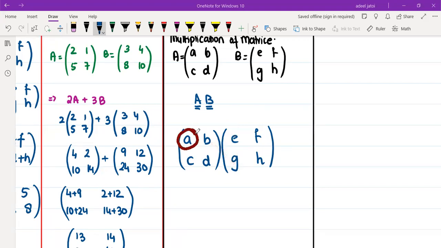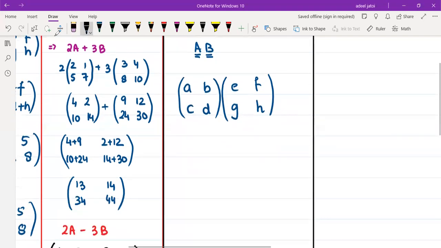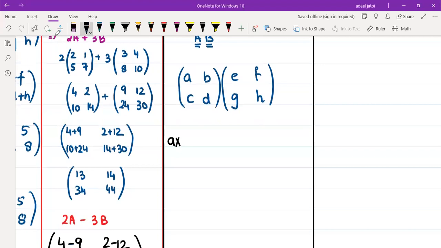Similarly, your first value of the row will be multiplied with the first value of the column, and your second value of the row will be multiplied by the second value of the column. If I just write it down, this would be A multiplied by E plus B multiplied by G, and A multiplied by F plus B multiplied by H.